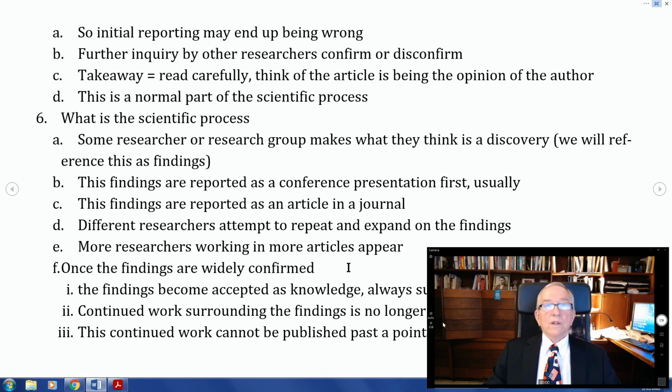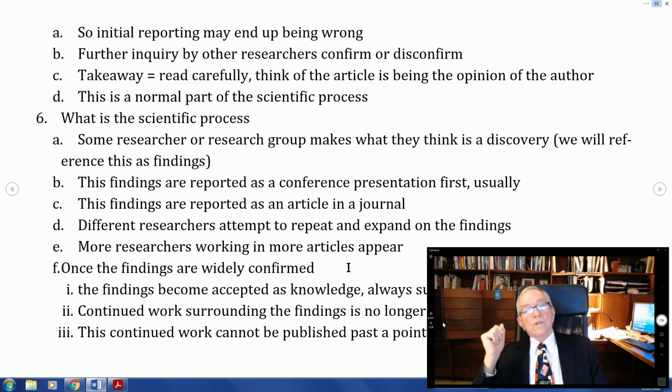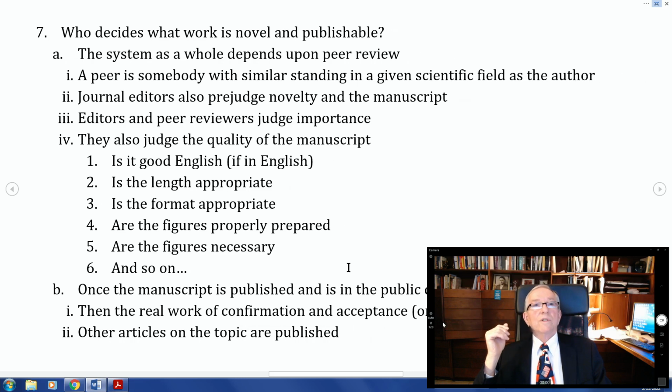And as the findings are confirmed, they become accepted as knowledge, always subject to the fact that this can be improved, and something better may come about after this. And the continued work will move on. And this topic that was published in one and then many journals will be set aside, and it won't appear in new journal articles unless something is found where it has to. This eliminates duplication if it's done right.